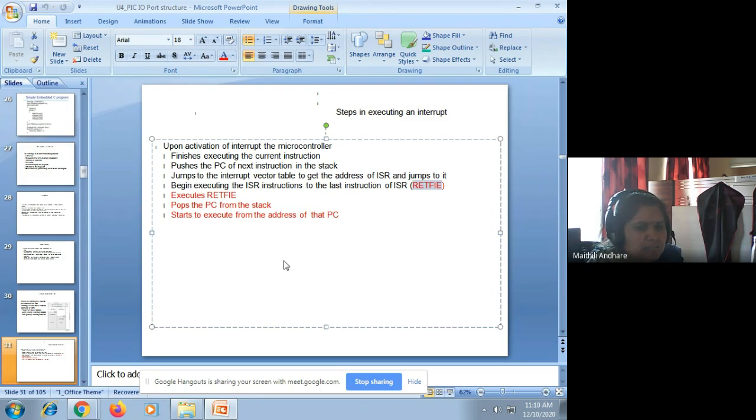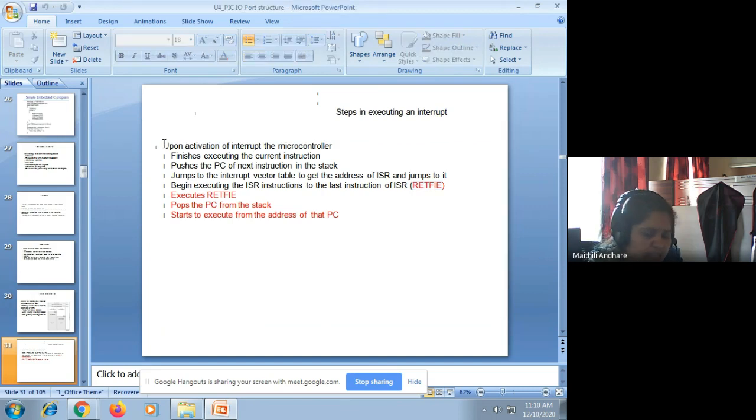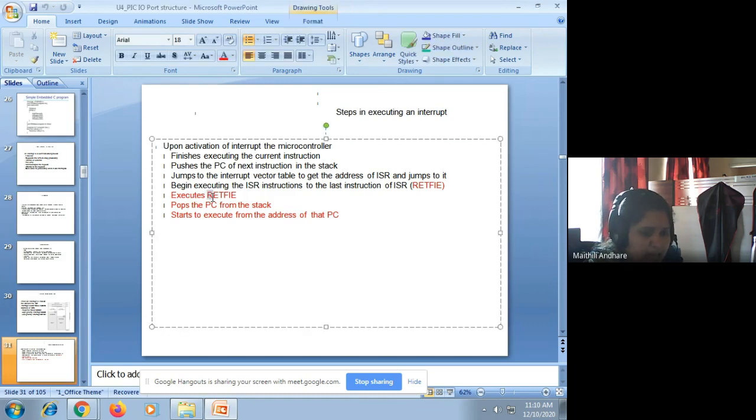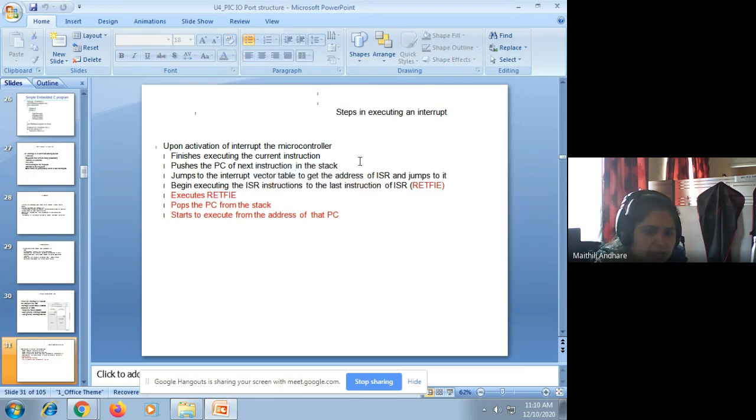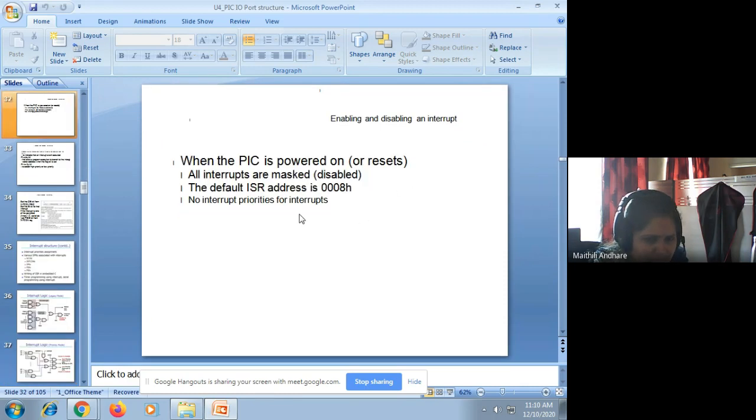Then it will pop the content from the stack, and the control is transferred to the main program. This is the same as your 8051 microcontroller. Steps are the same, only in the ISR what should be the instruction? RETFIE, that's it, nothing else. Okay, so these are the steps in executing the interrupt.